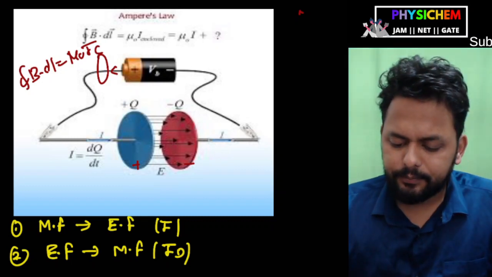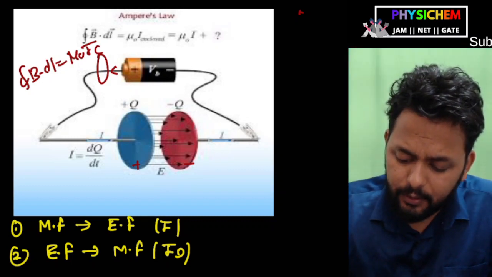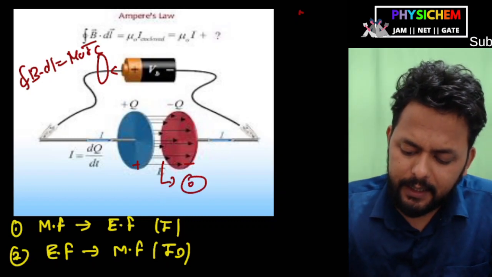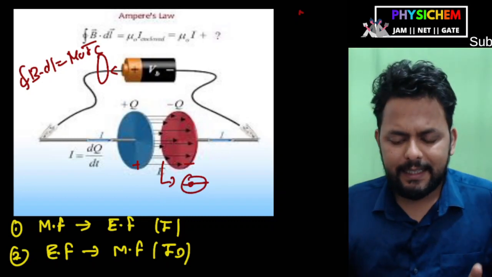That magnetic field produces the deflection in the coil. But if I place the coil in between the capacitor plates, ideally there is no direct current. Is there a current?